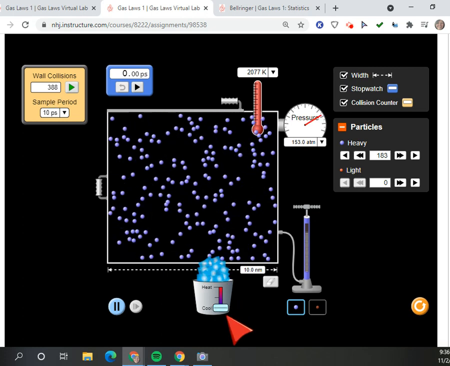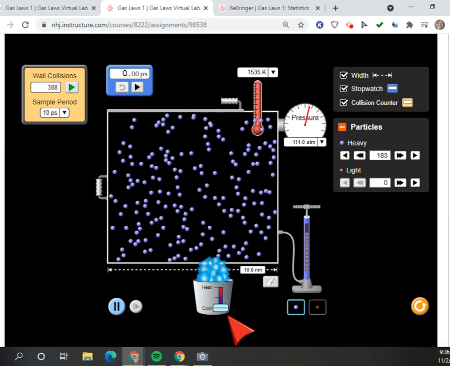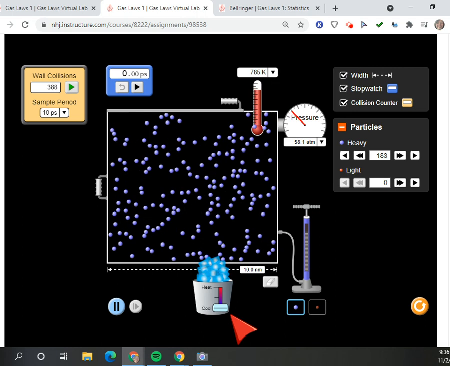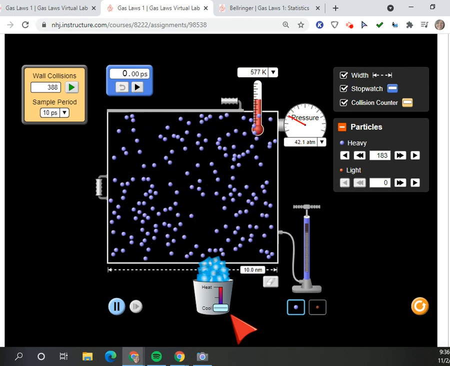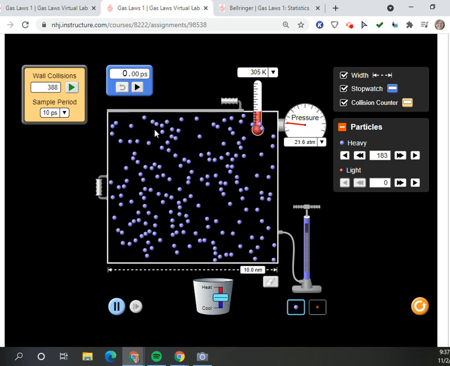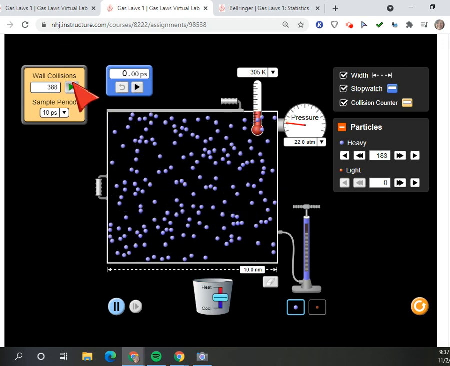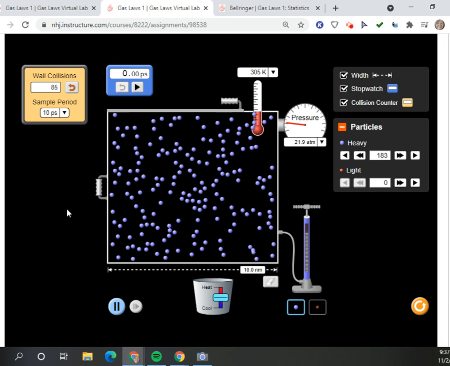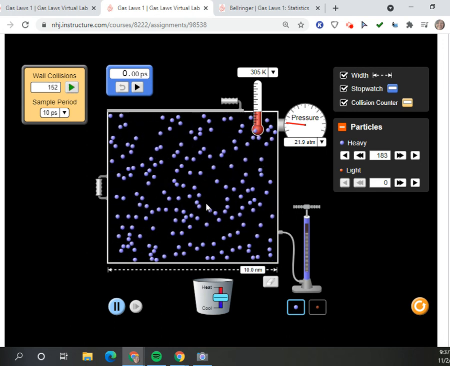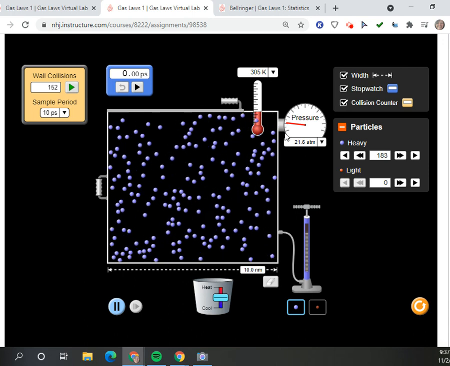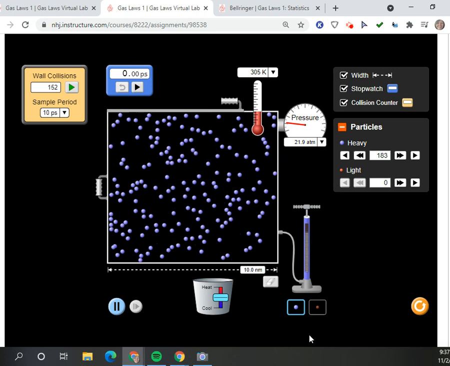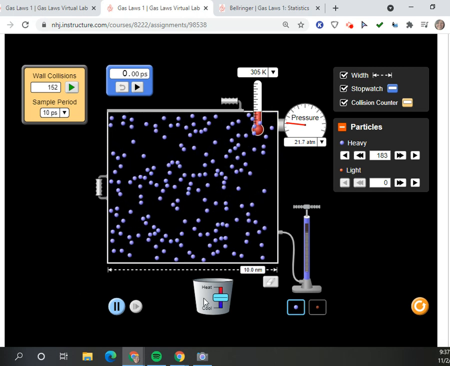Well, what happens if I cool down my temperature? Notice that temperature goes down, pressure goes down, so we see that relationship in action again. Now, if I have a much cooler temperature and I count wall collisions, what am I going to get? A lower number. At a cooler temperature, there's less pressure, there's less collisions. Okay. There's another observation.